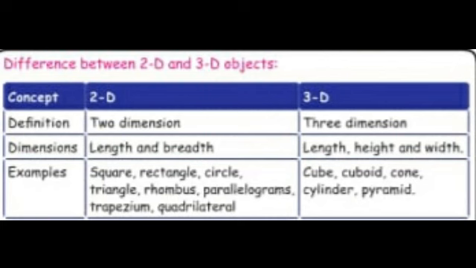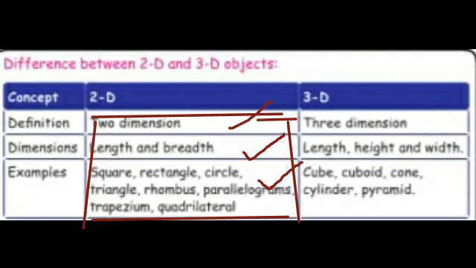So what is the concept? First we will take 2D. What is called 2D? 2D means two-dimensional figure, two-dimensional picture. How many dimensions? Dimension means how many dimensions it has.